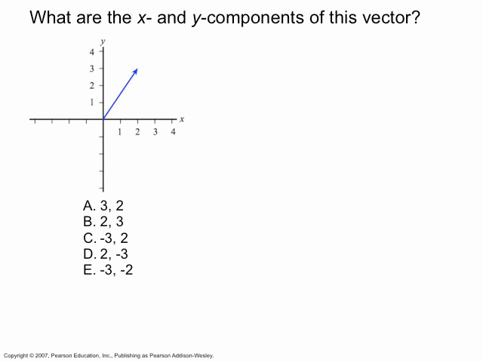Submit your answer to Blackboard to express this vector in its components. We list the scalar components as x, comma, y, the amount of the magnitude in the x direction, comma, the magnitude in the y direction. Submit your choice on Blackboard.